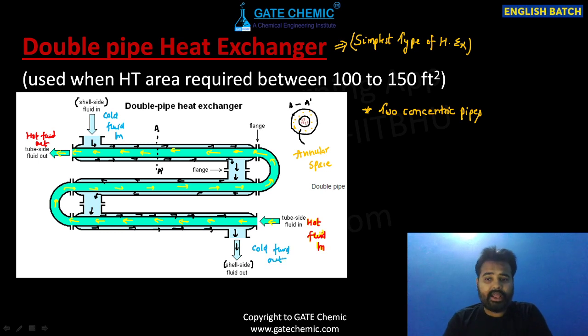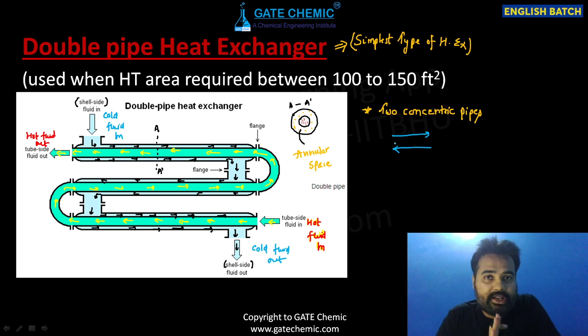Now, every time you check beta, you can see they are flowing in different directions. If hot fluid is flowing from left to right, then cold fluid is flowing in that region from right to left. That means they are always in opposite directions.